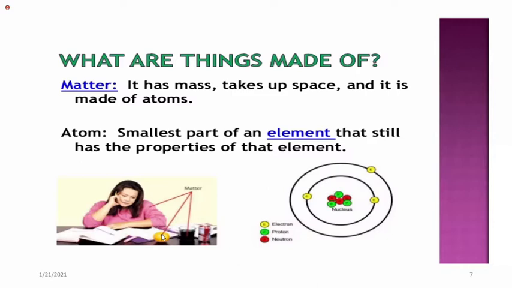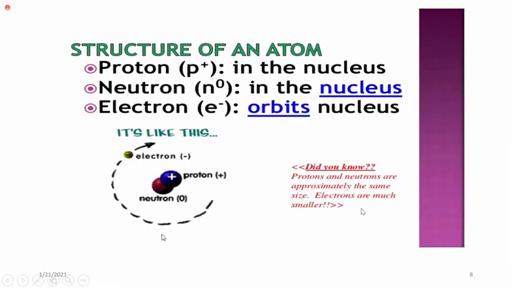All of you know the structure of an atom, containing protons and neutrons in the nucleus, and electrons orbiting around the nucleus. The protons and neutrons are approximately of the same size, whereas electrons are of much smaller size.